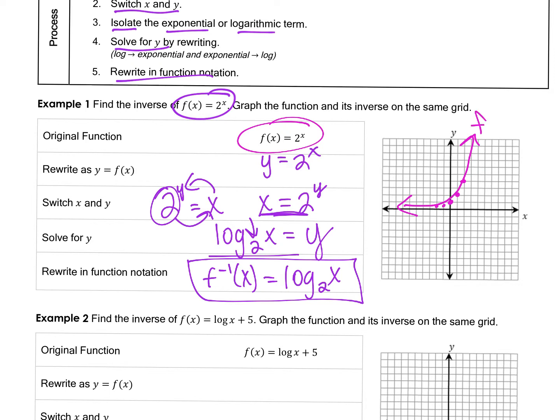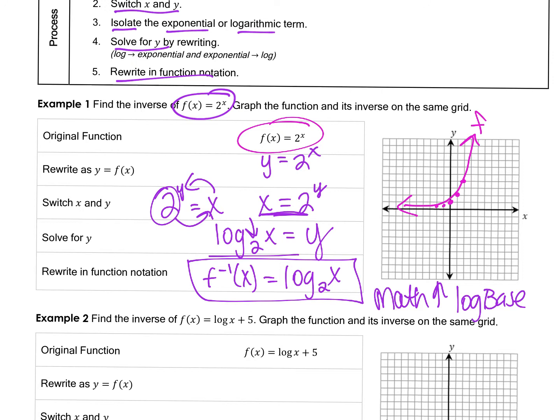And then our inverse graph, which is log base 2 of x. The other day I showed you how to change your base on the calculator. First go to y equals, and you're going to type in log base 2 of x. Go to math, go up to log base, and then you can change your base to 2, and then you're taking the log of x.